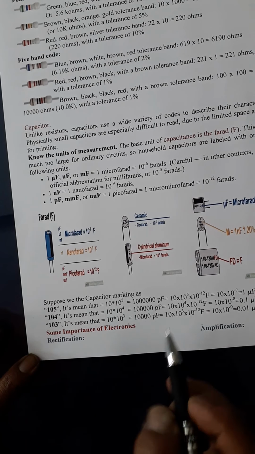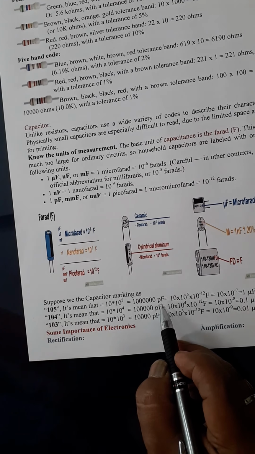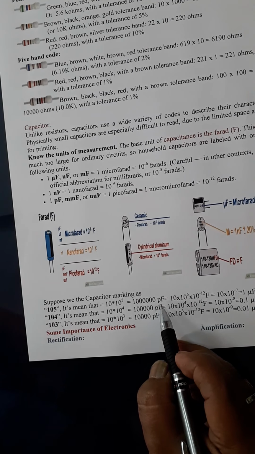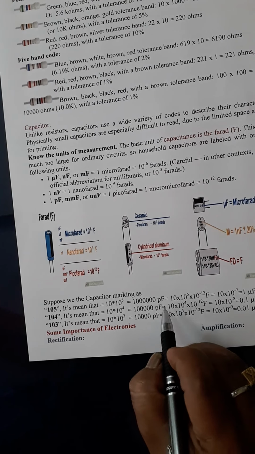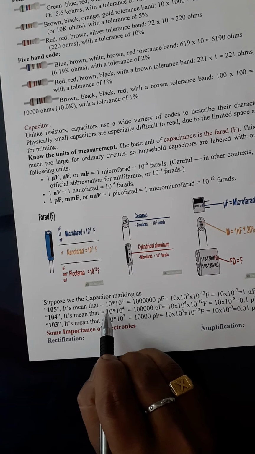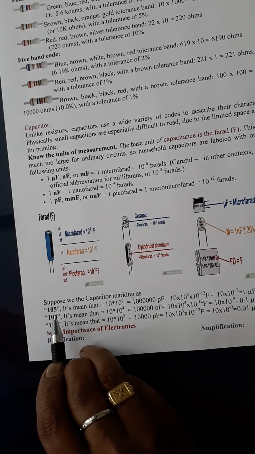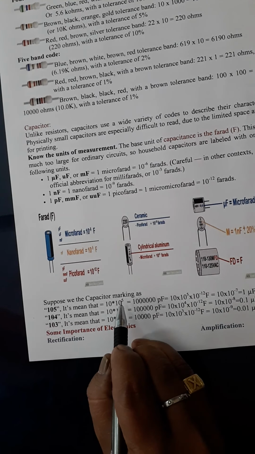The ceramic capacitor value is always given in picofarad. So the first 2 digits as they are, 10, and the third digit represents the multiplier, 10 to the power of 5.